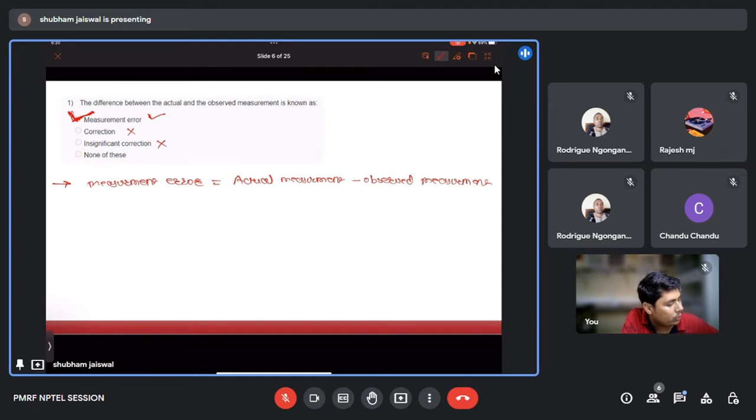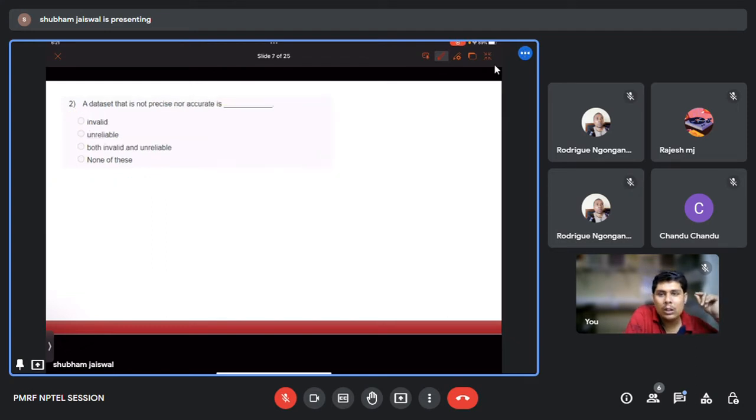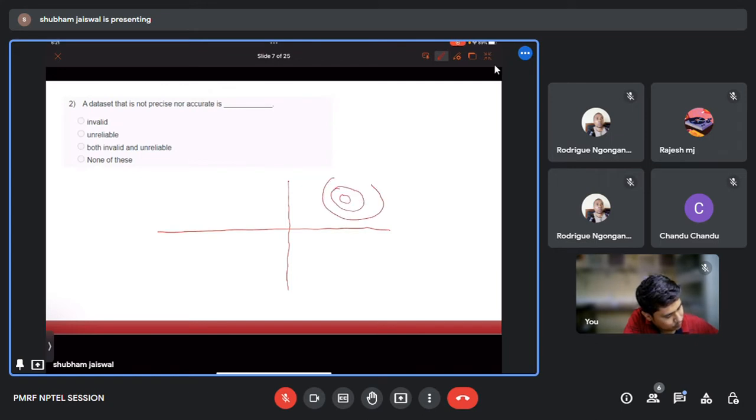Now, moving towards our second question. A data set that is not precise nor accurate is invalid, unreliable, both invalid and unreliable, or none of these. For your simplification, I am drawing the bullseye.